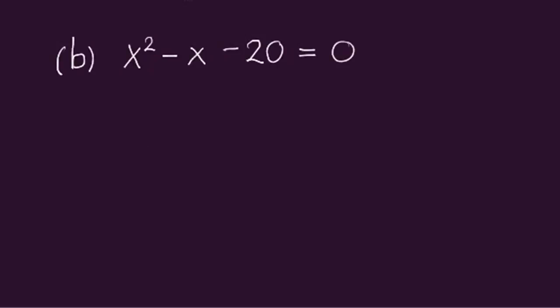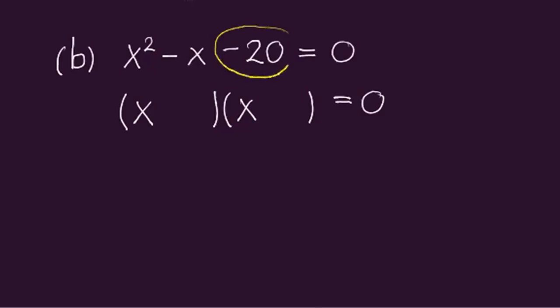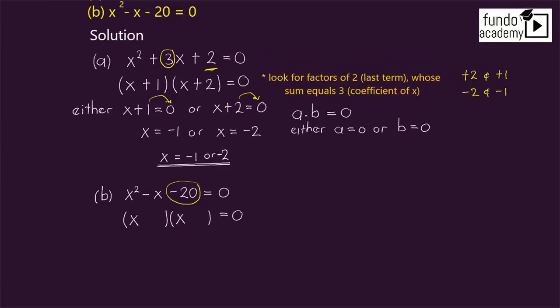Remember, we make our two brackets of factors and we write down the factors of the first term to make the first terms within each bracket. So we'll be having x and x. And next we said we look at the last term. In this case, our last term is negative 20.